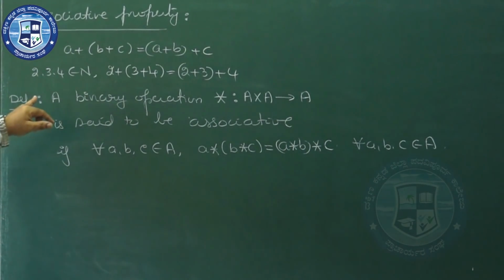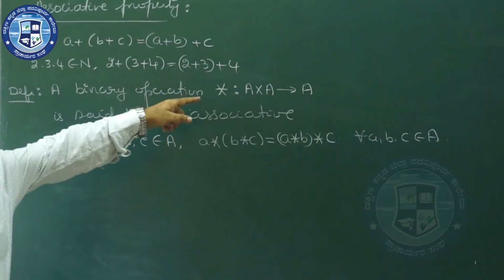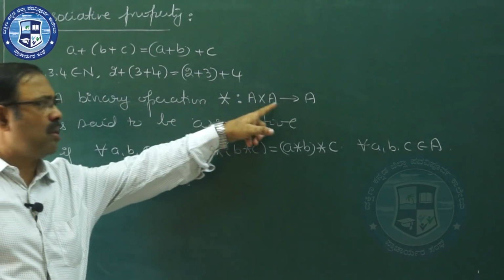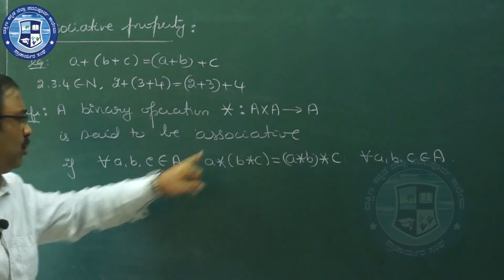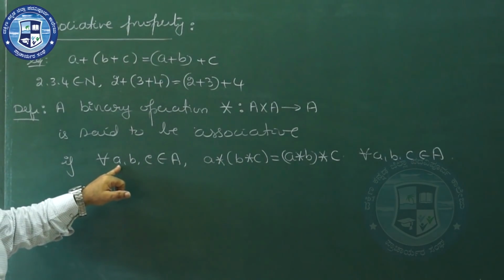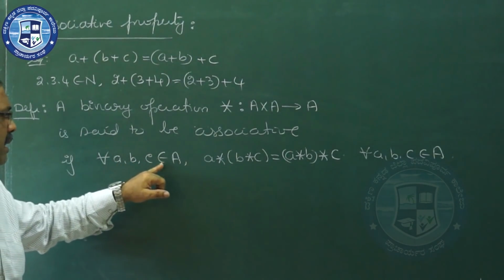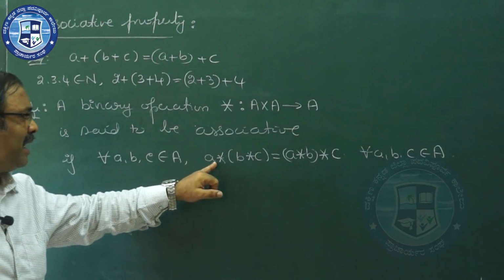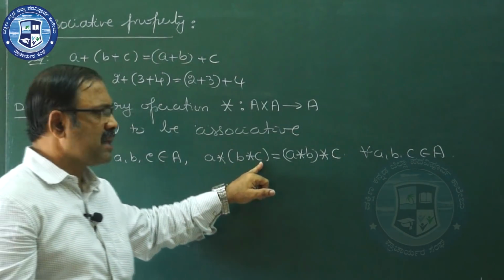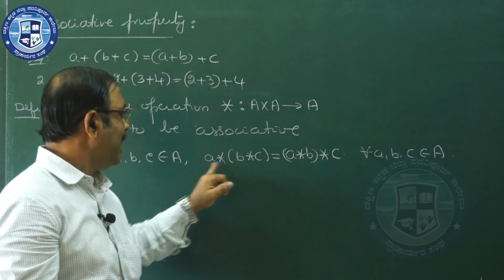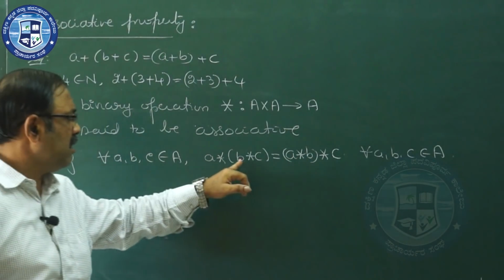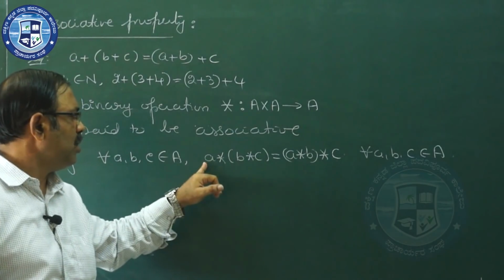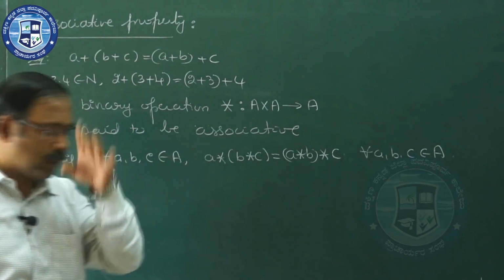How do you define this? A binary operation star from A cross A to A is said to be associative if for all A, B, C belonging to A, A star B star C is equal to A star B star C.